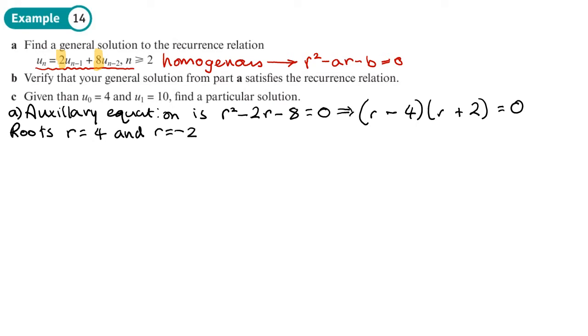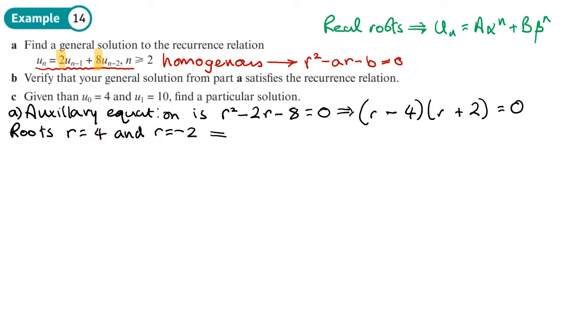Now, since we have real roots here, it might be worth just reminding ourselves what the general solution is. It's always of this form: u_n equals a alpha to the power n plus b beta to the power n, where alpha and beta are our roots. So they're going to be 4 and negative 2.